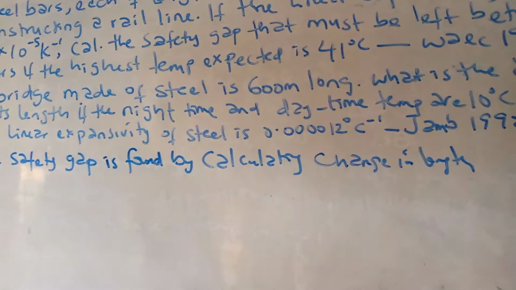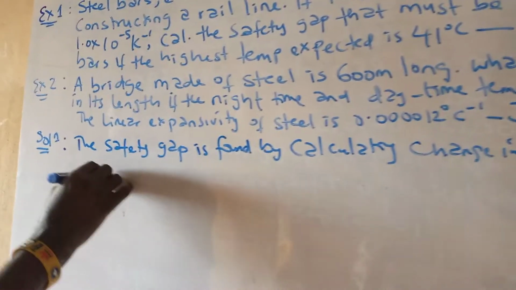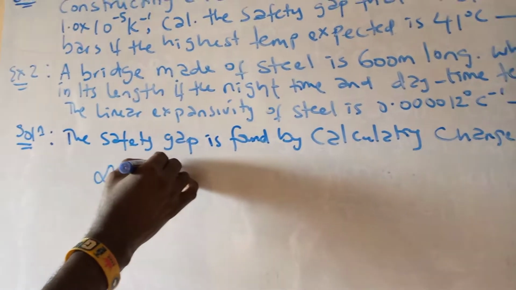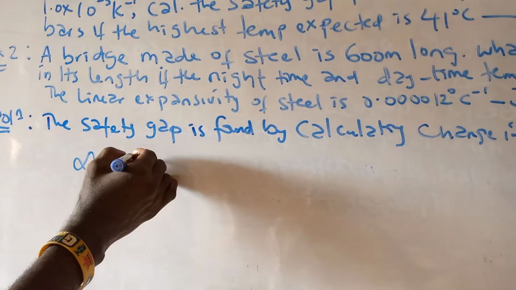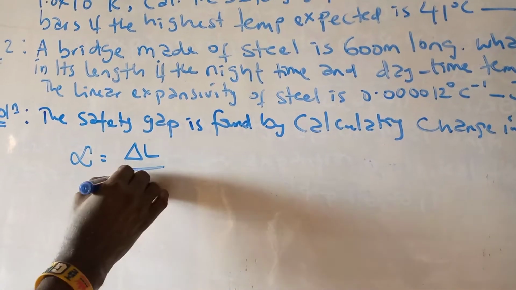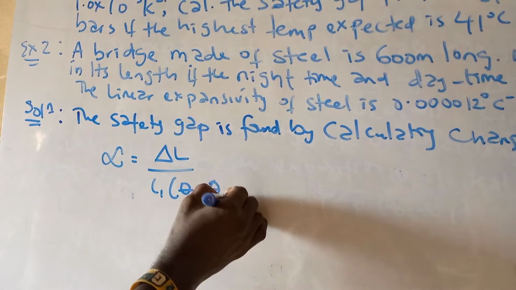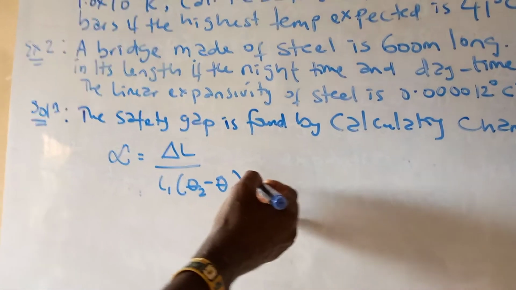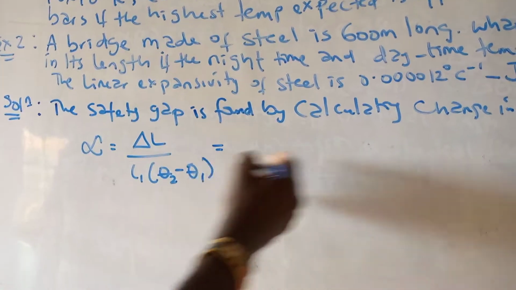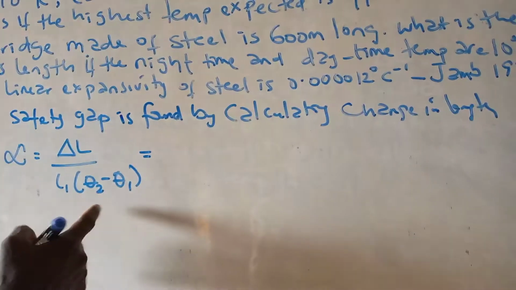Don't forget the formula. The formula says linear expansivity equals change in length over length before expansion, times temperature after expansion minus temperature before expansion. So we'll just do change in length.